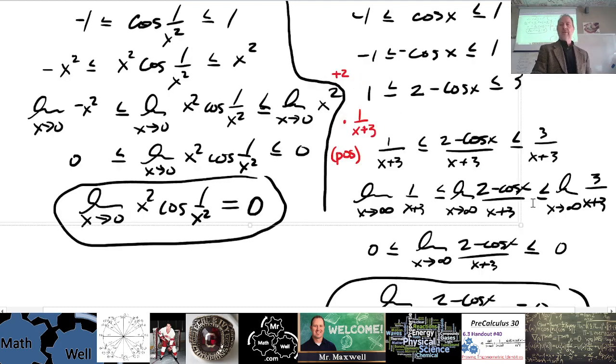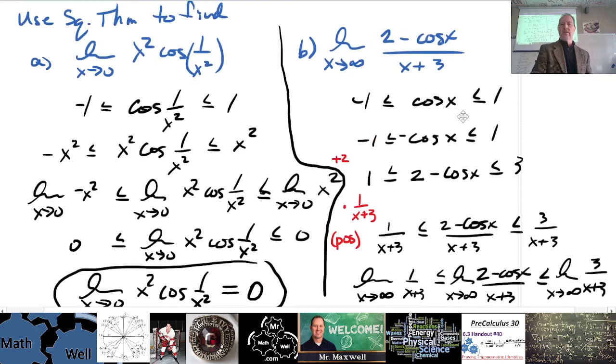Now, same thing happens on the other side, slightly different. There's a little wrinkle here. You want to start with the cos function as well, between -1 and 1. Now, if you think about the graph of the cos function, it starts at 1, goes to -1, back up to 1. But the negative value of the cos function starts at -1, goes up to +1, down to -1. So the range is still the same. So negative cos is still between -1 and 1, no problem.